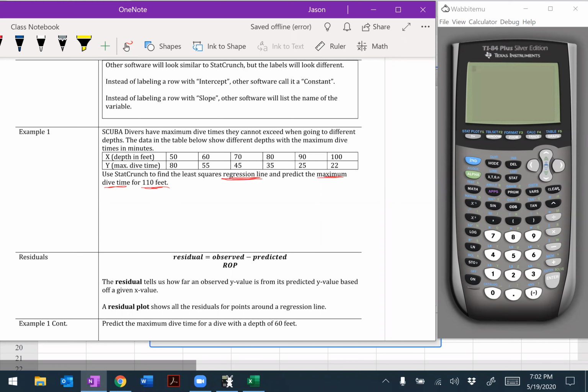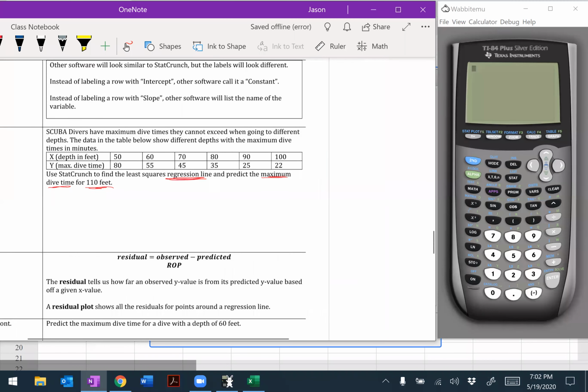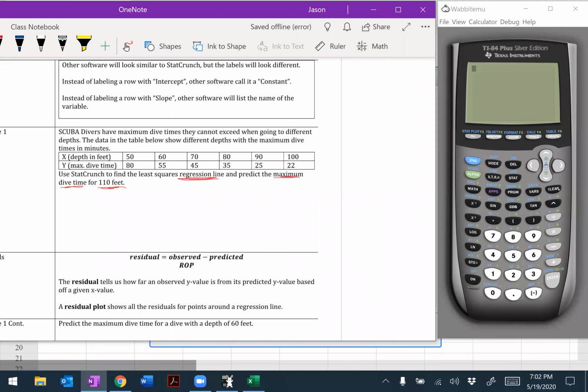Again, this is going to be an inverse relationship, or a negative correlation. Why? Because as the feet goes up, the time goes down. I use a lot more oxygen the further I go down, and I can only carry so much on my back, so the time I can stay down there is extremely limited.